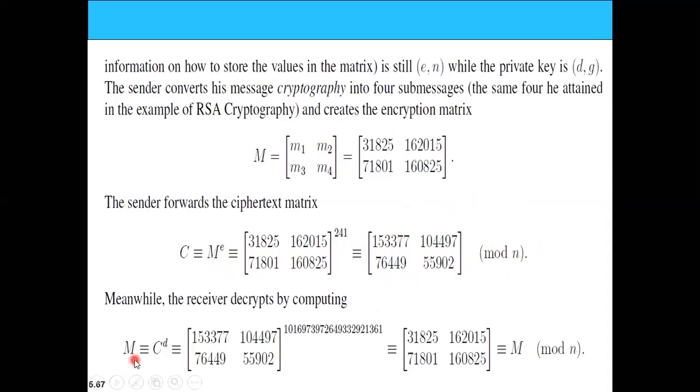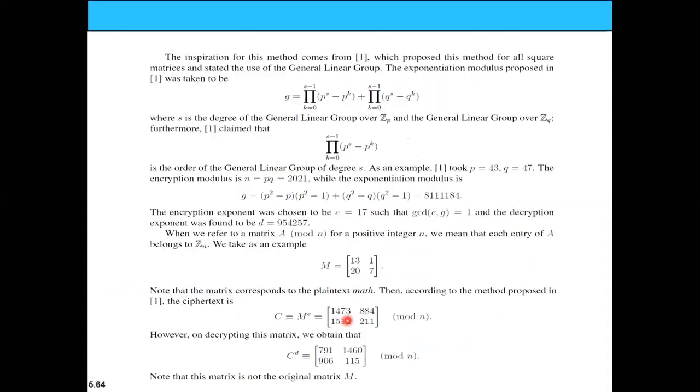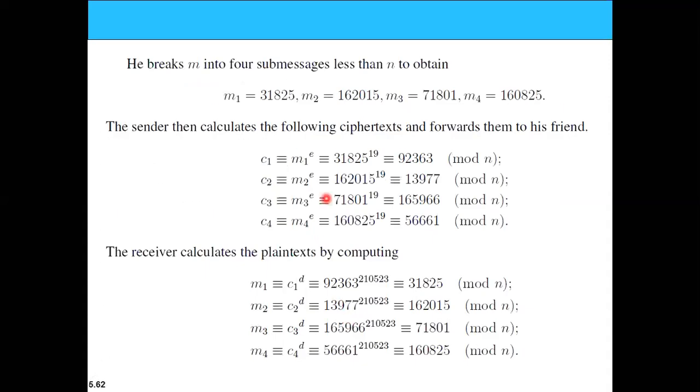So how can we decrypt? We take C to the power D, apply the modular operation, and we get back our message M, which is our plain text. So dear student, if you look over here, go back. Here you can see that we would have applied RSA on each and every element.